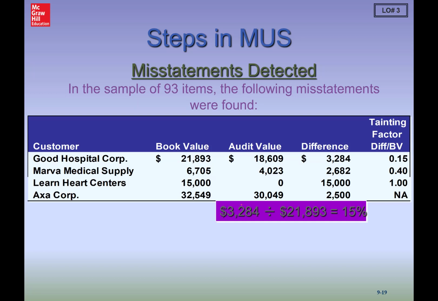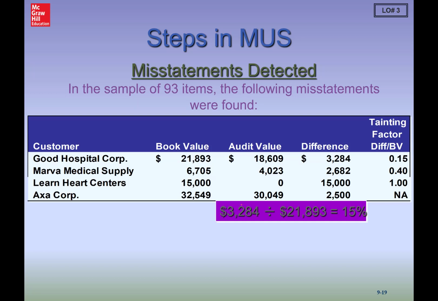That's the amount of misstatement that we calculated, the difference between the confirmation amount and the amount recorded in the books, and that gives us a 15% tainting. So we calculate the tainting factor for every one of these.